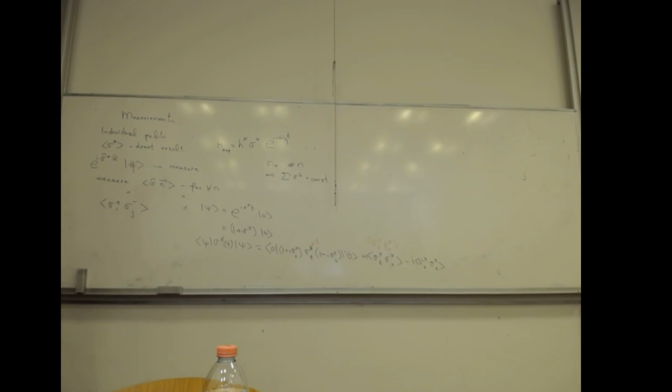So in this way, I can measure, in principle, in my system, not only these correlators, I can measure something very complicated. Just elaborating on this procedure, I can measure sigma plus, sigma minus, at different sites i, j, k, l, at different times, and so on.